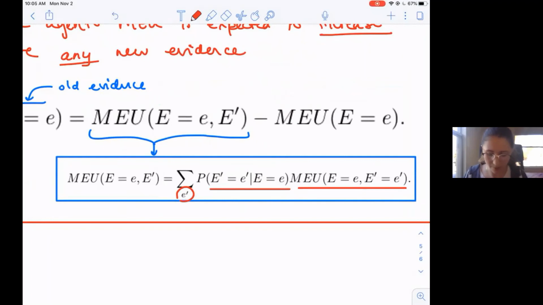And we have to do this expectation because we don't actually know what this new evidence is going to be. We don't actually know which value of E prime to plug in. So we take an expectation over all these values of E prime to get an estimate of this maximum expected utility given some new evidence E prime.